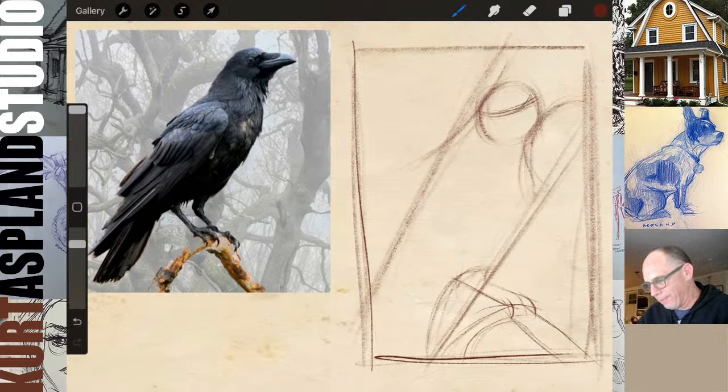All right, let's get a little bit of a direction for this beak coming out of his head. I'm using a couple straight lines here. All right, this is the side of his head here.